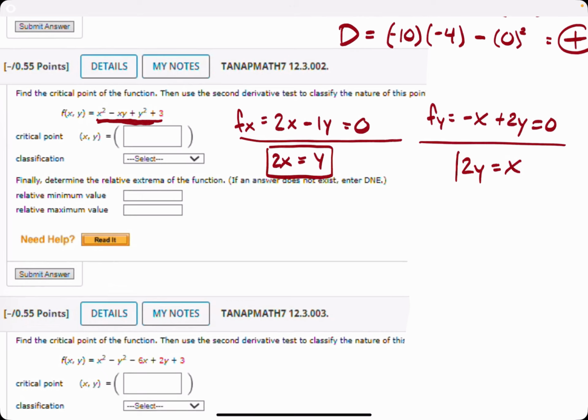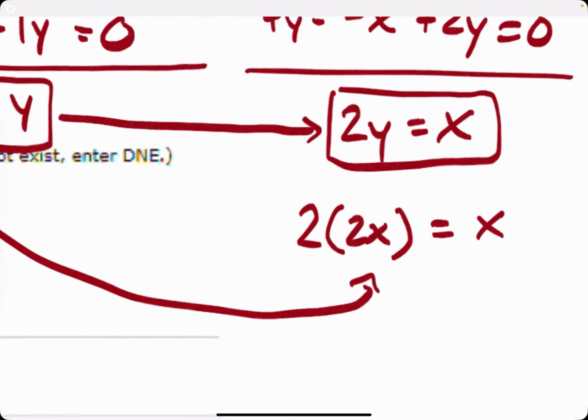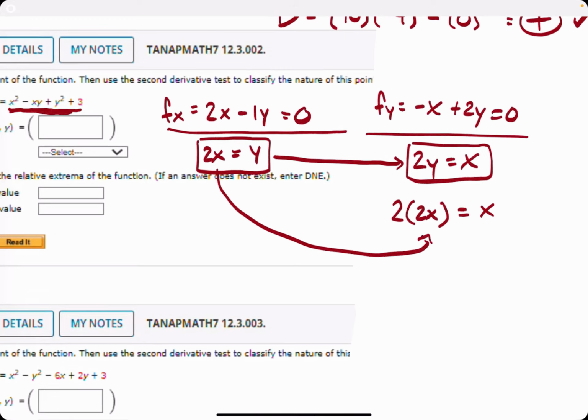So you have an option. You can just sub one of these into the other and solve for whatever. So just plug 2x in place of the y over here or vice versa. It doesn't really matter. What you'll find is that if I plug in the 2x in place of this y over here, we get 2 times 2x equals x, which means 4x equals x.